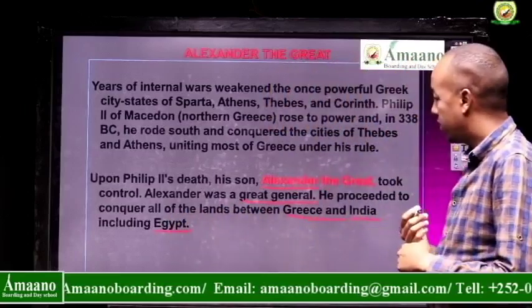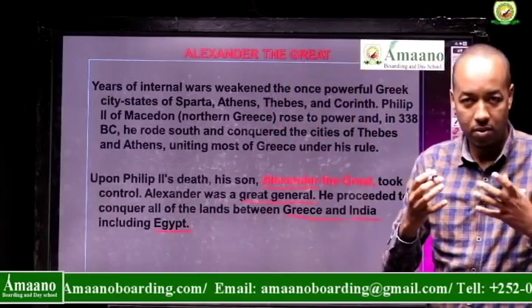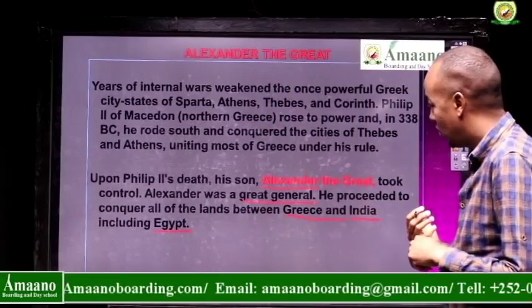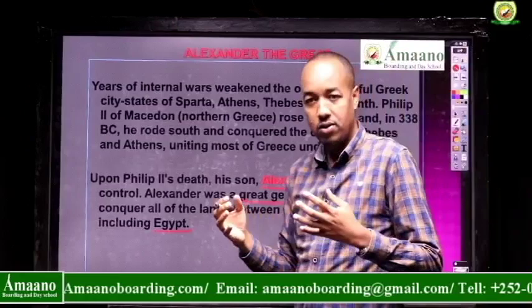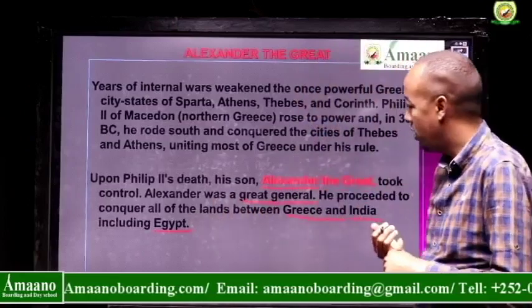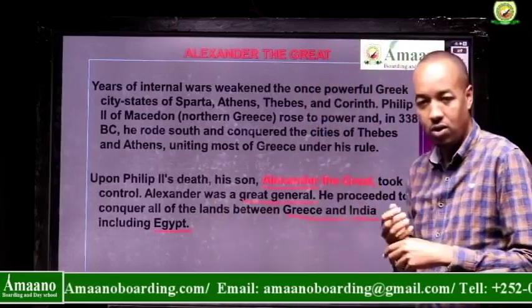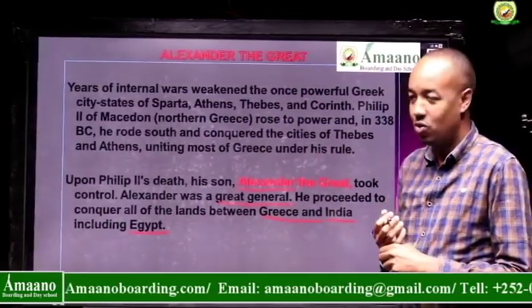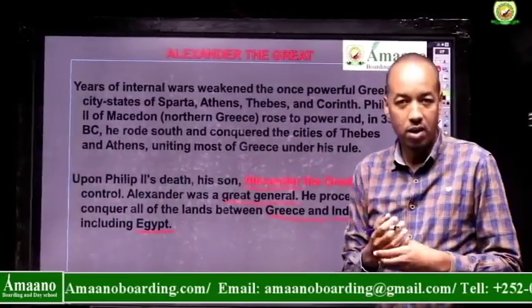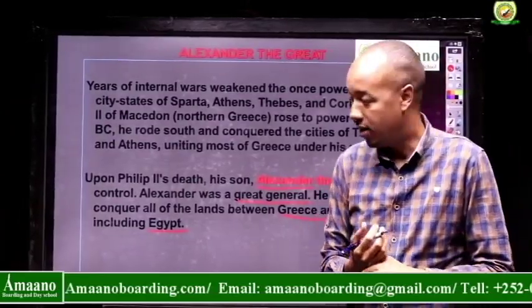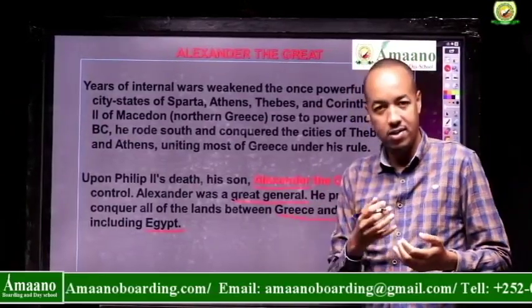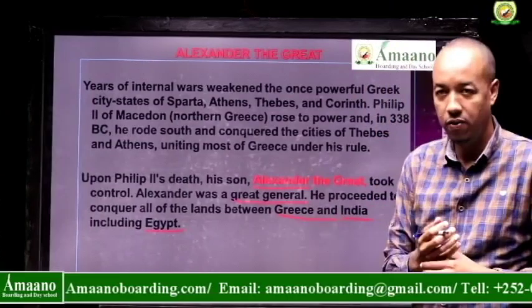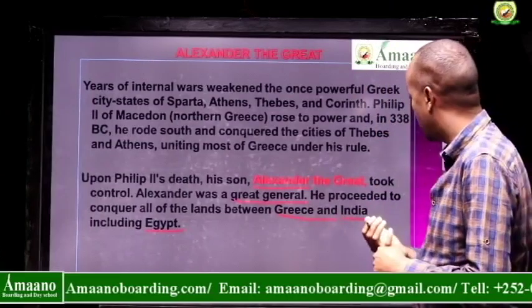When Alexander was crowned king of Macedon, the other Greek cities like Thebes and Athens saw that at 20 years old he would not be able to rule this vast land. So they started a rebellion against him. But he proved himself to be very decisive, and he was able to defeat his enemies from the rest of Greece.